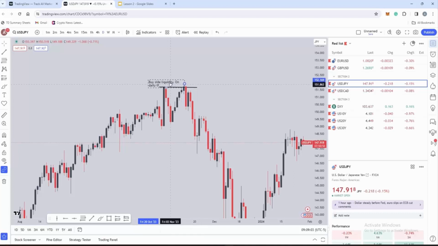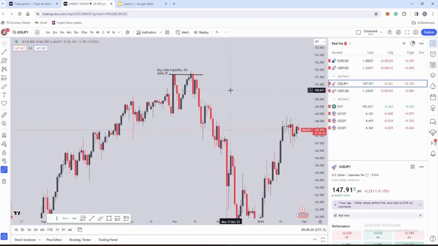So there's a good chance the price is gonna trade up here in the next couple of days. As you can see, 1 day, 2 day, 3 day, 4 day, 5 day, 6 day, 7 day, 8 day, 9 day. It took 9 days for price to take out this buy side liquidity before delivering prices way lower.